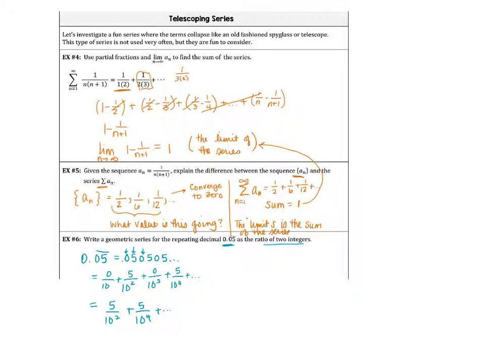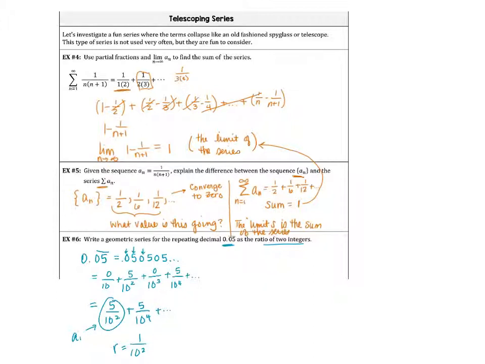So to find our ratio, because we have our first term, the ratio here, what are we multiplying by each time? And it looks like we're probably multiplying by 1 over 10 squared each time. And that's certainly bounded between 0 and 1.